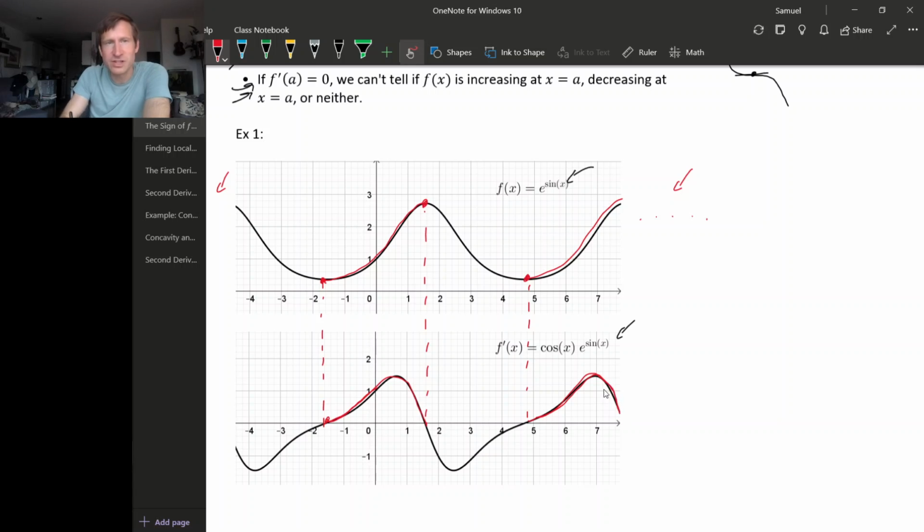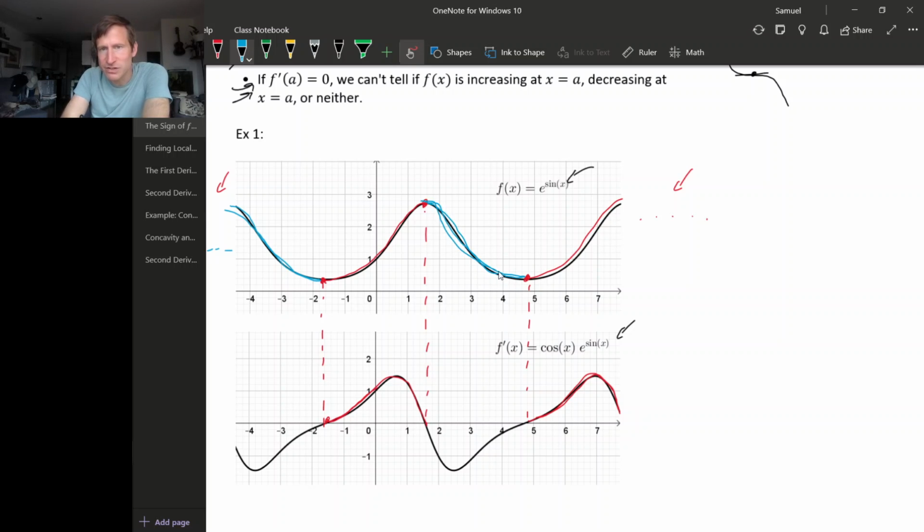Okay, well, what about decreasing? The original function f is decreasing here, and again, everything that we see in this graph is repeated off to the left because of the periodicity of this function, and it's also decreasing on this interval here.